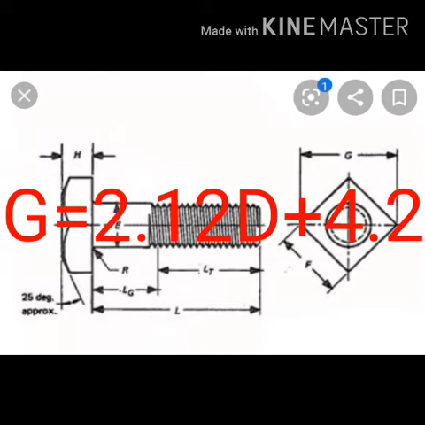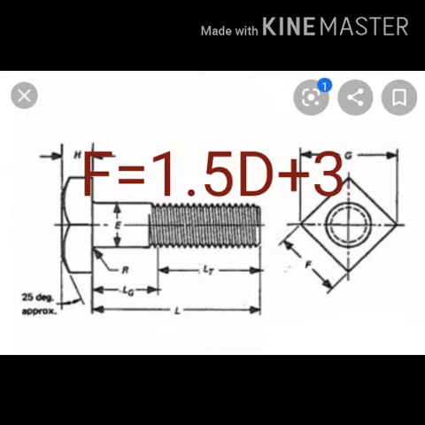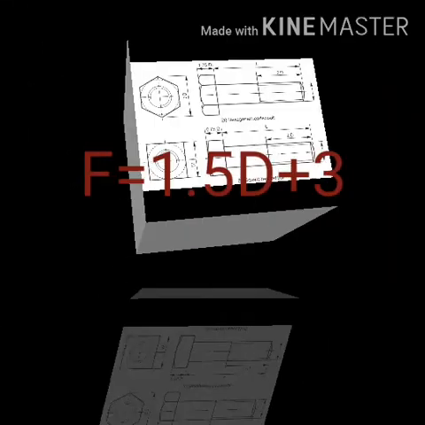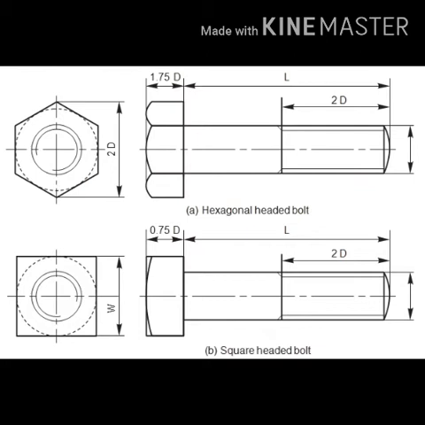Here the corner to corner distance is marked as G. Its value is taken as 2.12d plus 4.2 mm, and the flat width value is 1.5d plus 3 mm, and all other parameters are the same as those of a hexagonal headed bolt.